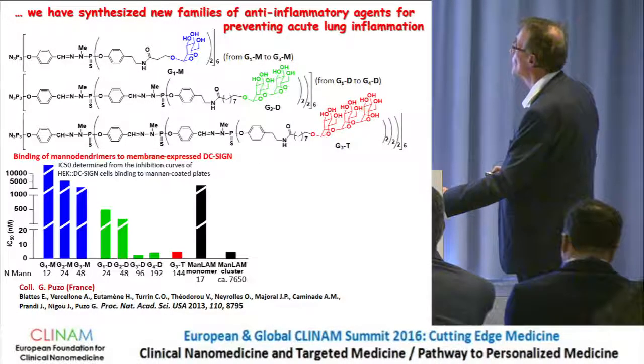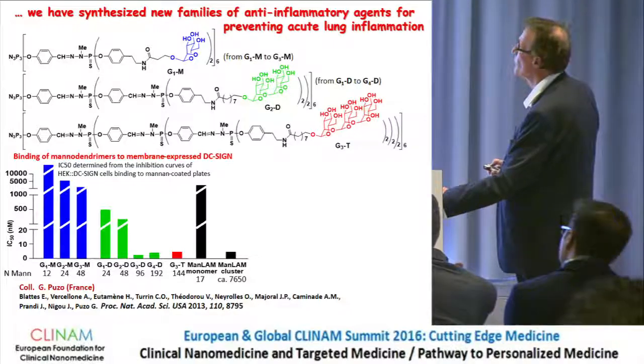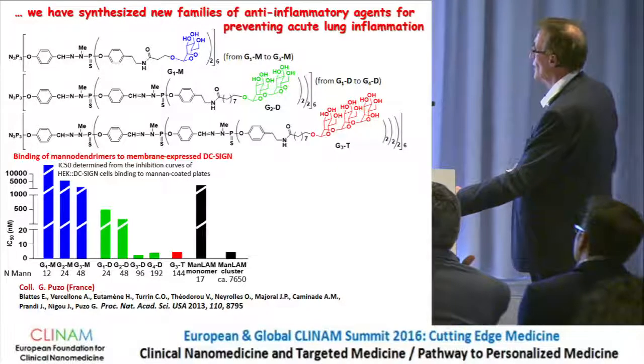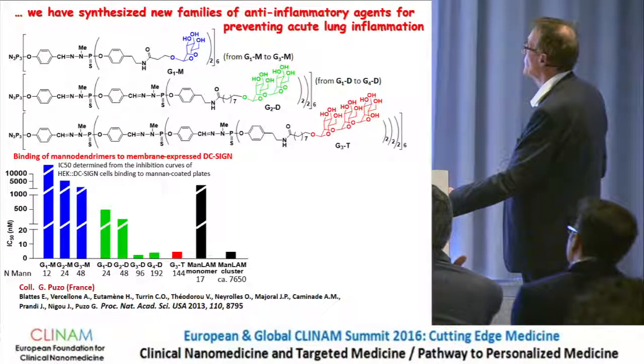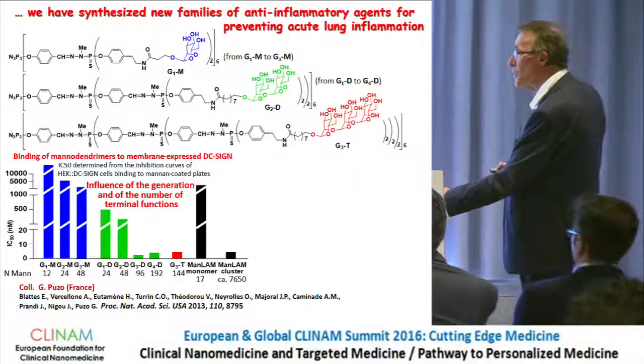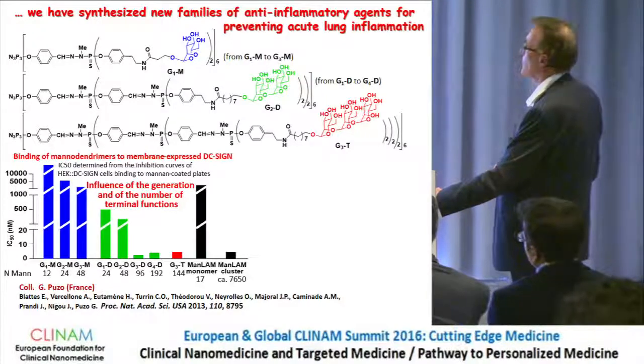And if we look at the binding of the dendrimers to the membrane-bound DC-SIGN, this is the IC50, you can see that something important is the strong influence of the generation and of the number of terminal functions.